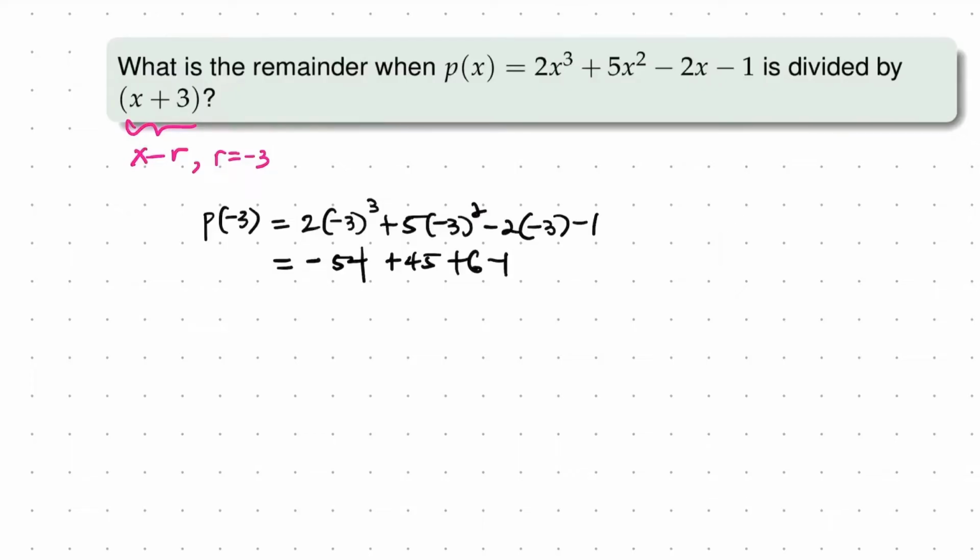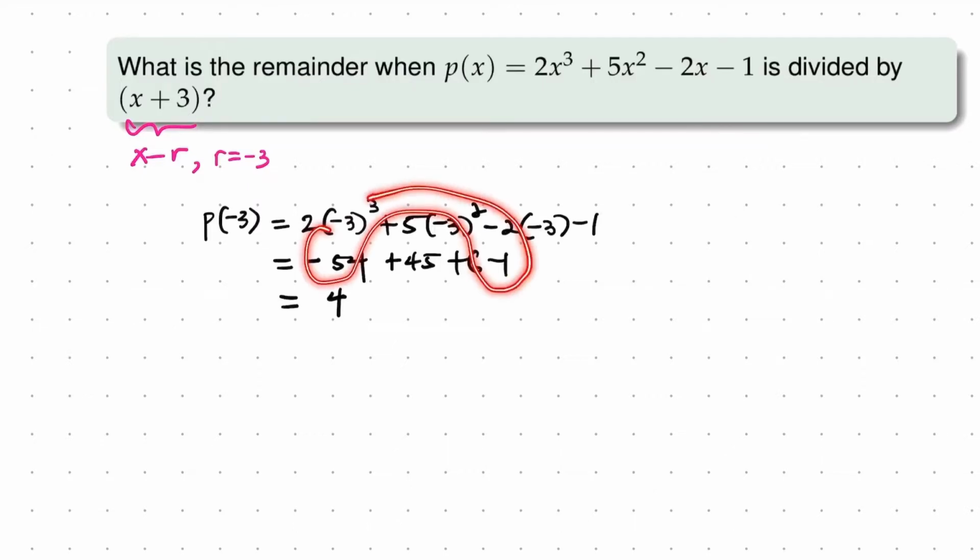Plus 6 minus 1 equal to... Tama ba yung pagkaka-add ko?